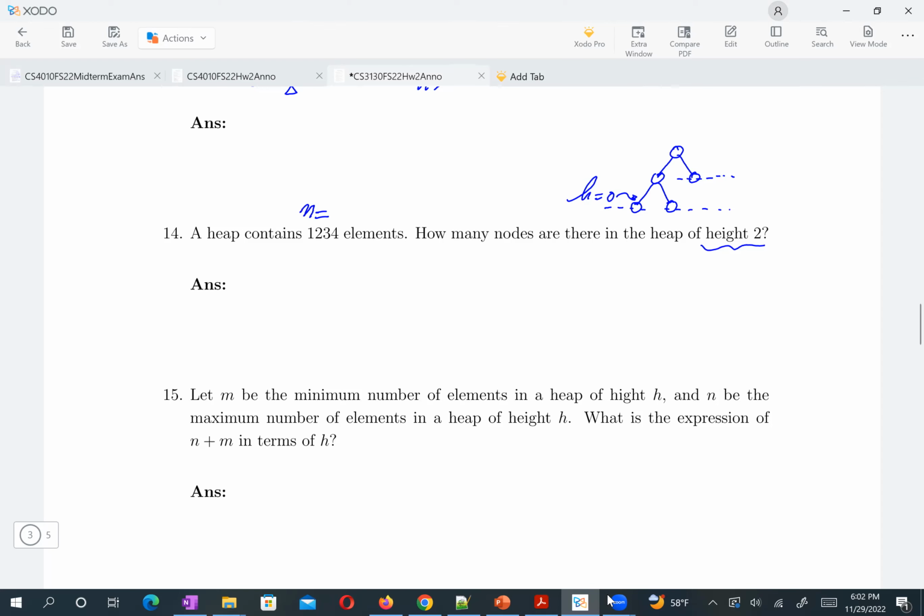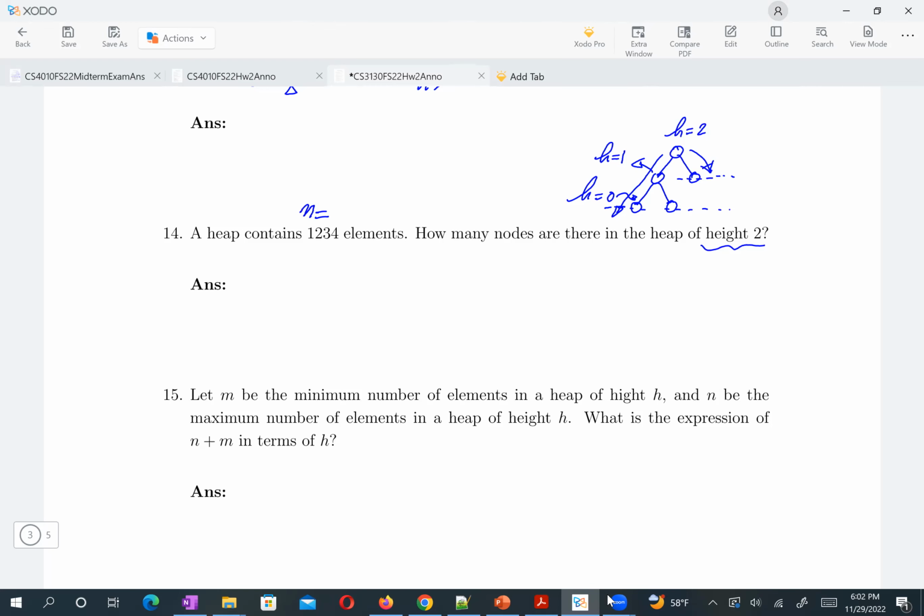Then this one, height equals 1, and so on. But for this one, you may reach the ground this way and reach the ground that way, 2 different ways. Then we take the longest. So the height equals 2, not 1. That's the basic meaning of height here.